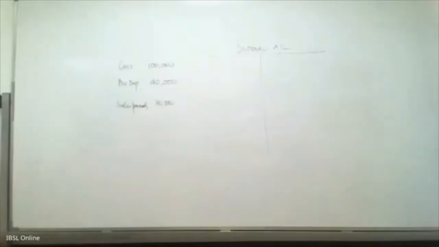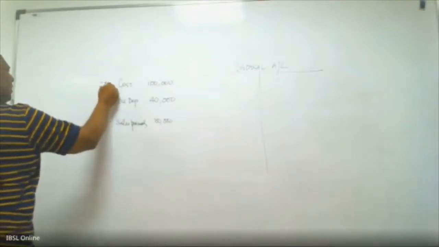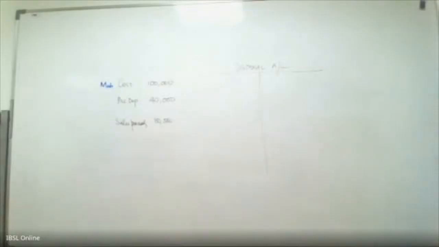Yes, you tell me the double entry. Machinery account credit and disposal account debit. So when you are telling or writing a double entry, the first thing should be your debit.